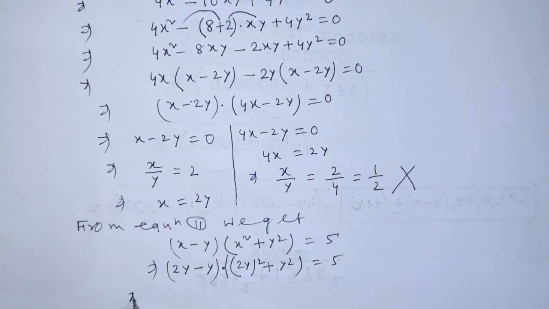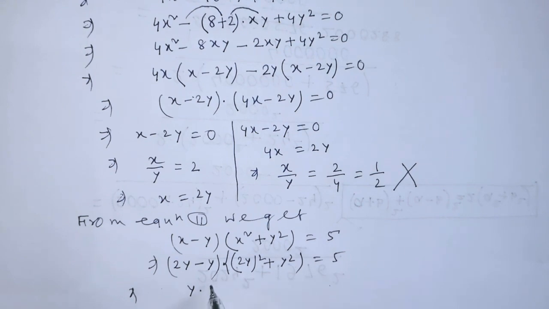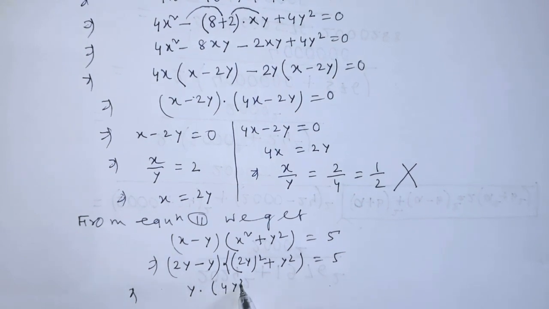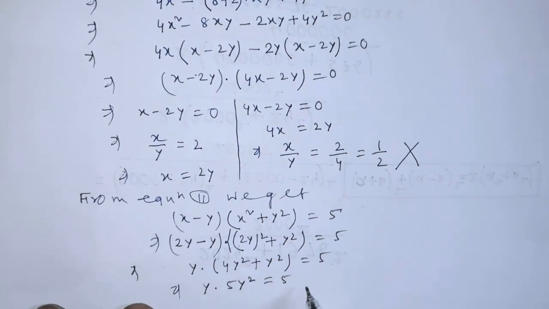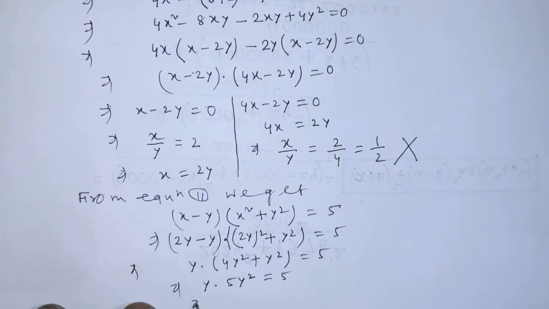So now we can write from the left hand side of this equation y times 4y square plus y square is equal to 5. We can write y times 5y square is equal to 5. So student, now we can write from the left hand side 5y to the power 3 is equal to 5.